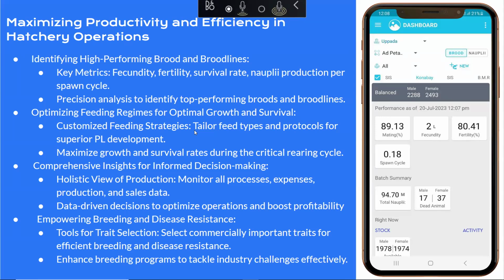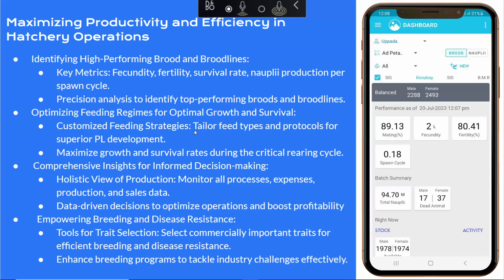Some of the key benefits of Blue Hatch are like, a hatchery would like to know which brood and which brood lines are performing better than the others in his hatchery.